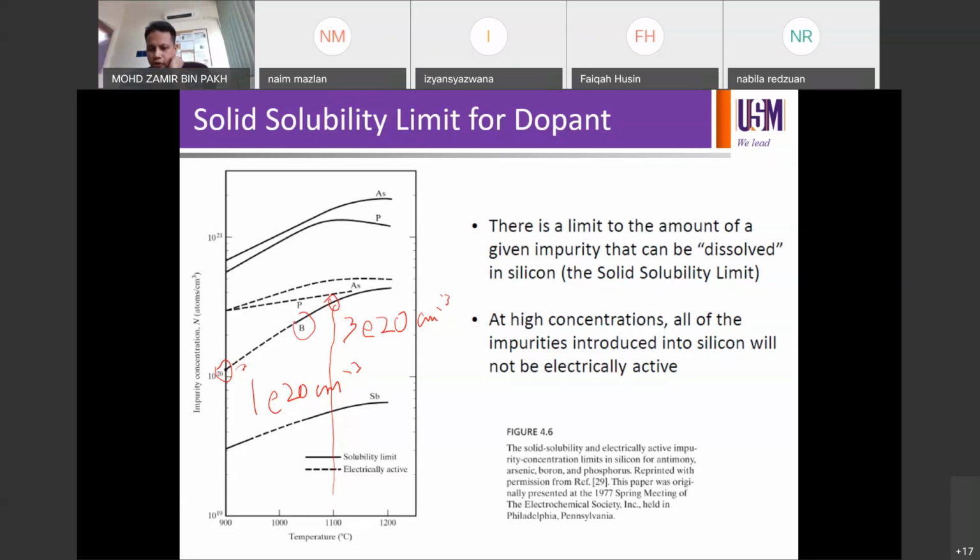So you can actually push the maximum limit depending on the need of your semiconductor device. But normally, in typical applications, even 10 to the 20 is considered really high, and you are already in the degenerate region. If you can recall, last time we learned in 386 about degeneracy.